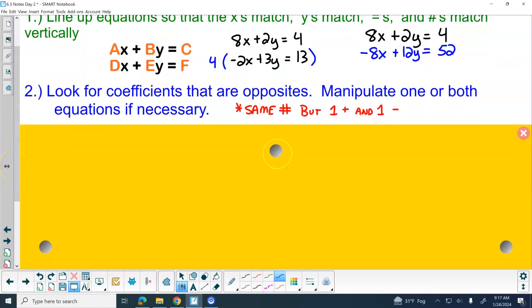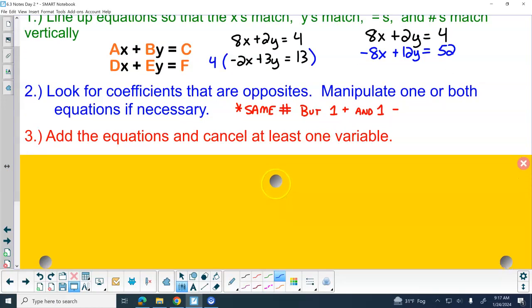Okay? Then, step 3 says we are going to add those two equations, and at least one of your variables had better cancel out. So if I add those two equations, 8x minus 8x goes away. That cancels out.